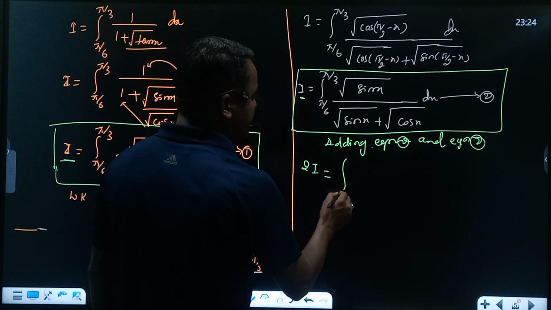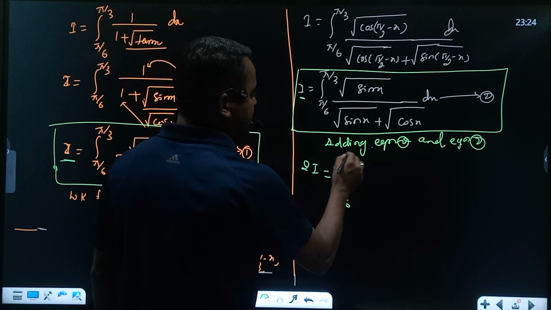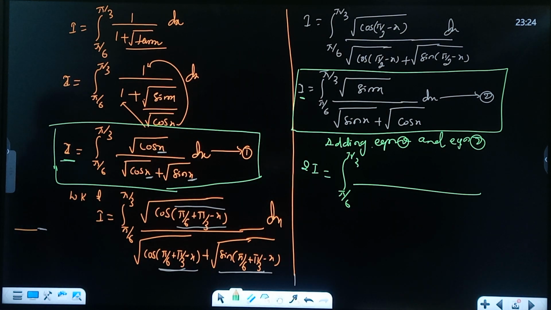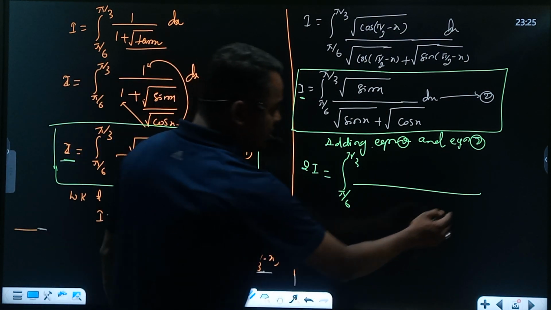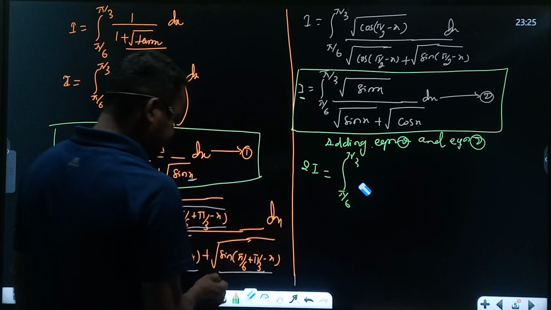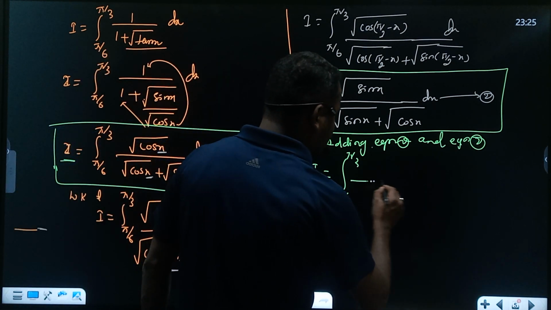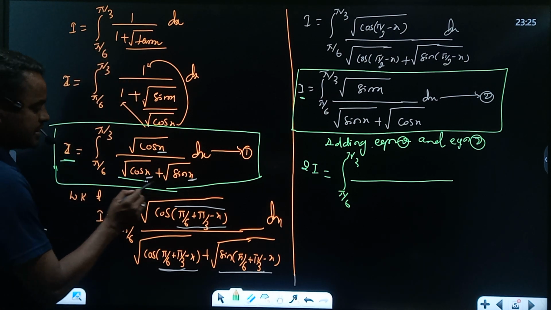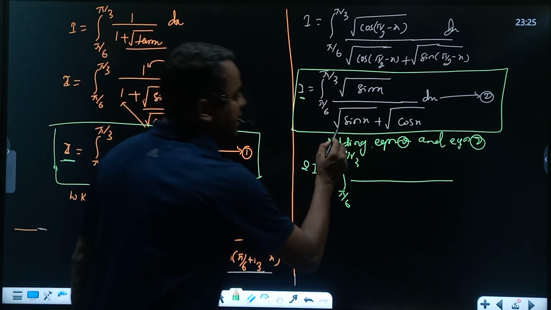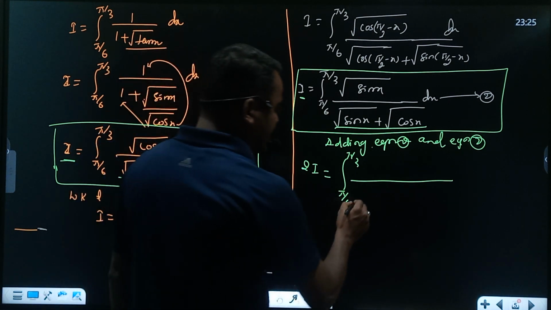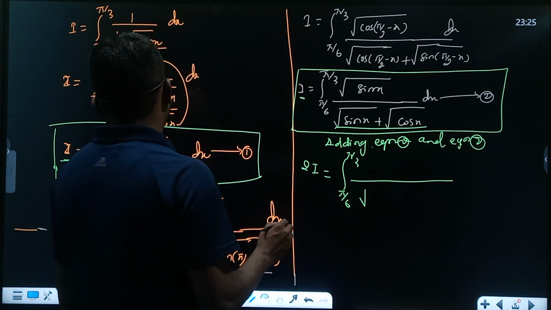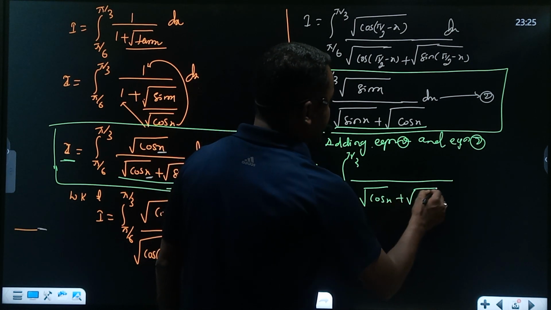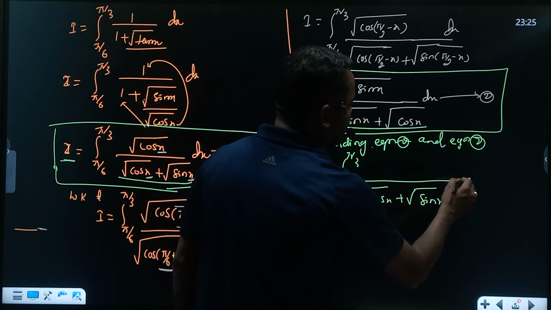Now the integration is common, from 5 by 6 to 5 by 3, and the denominator of both equations is root cos x plus root sin x, or root sin x plus root cos x. Both are the same, so we write it as it is in the denominator.